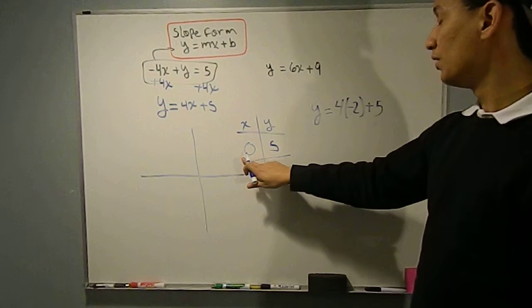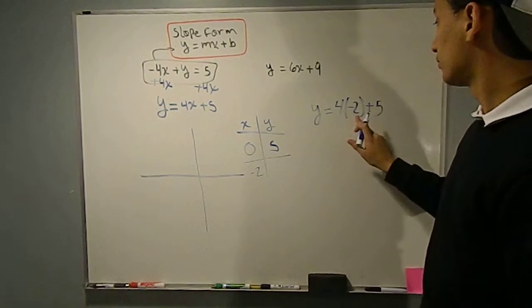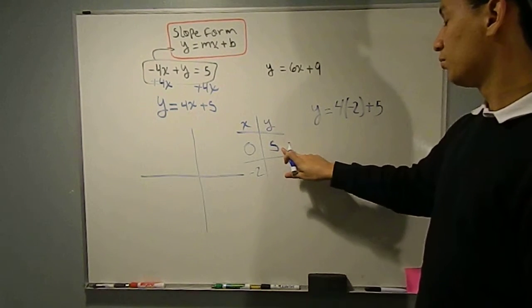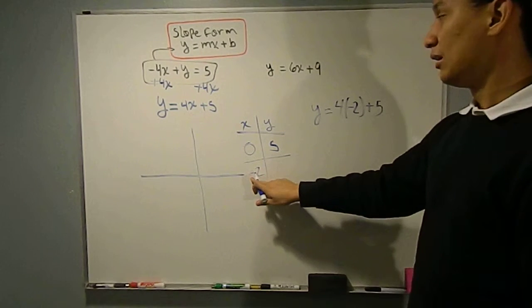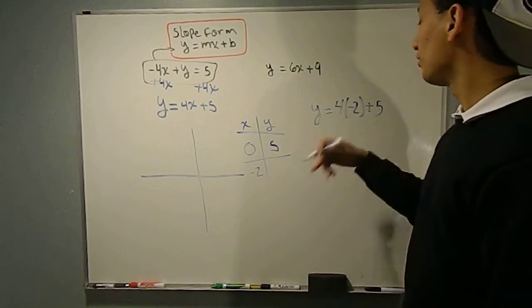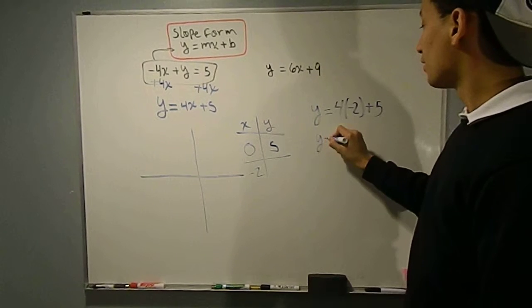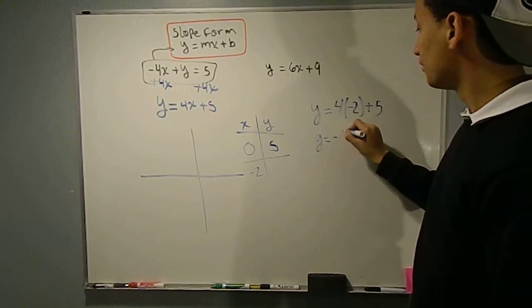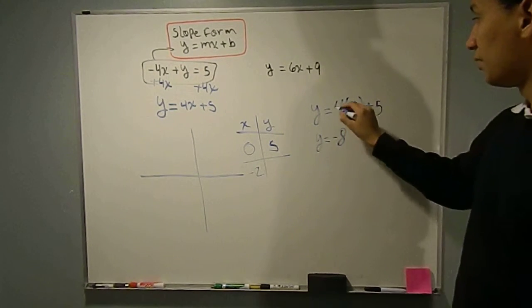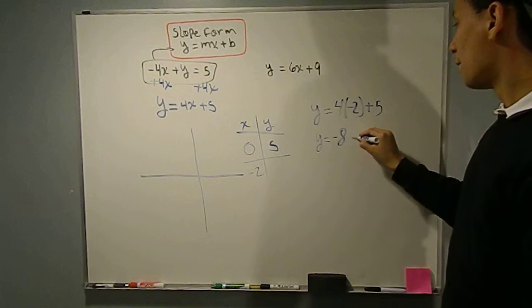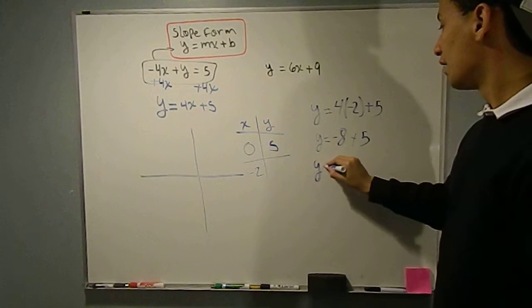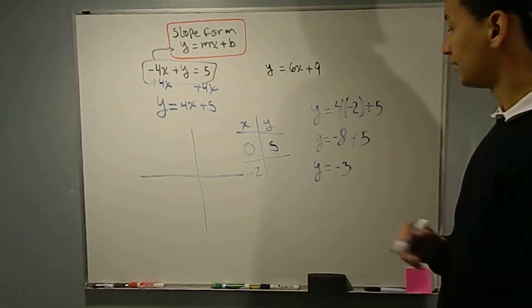I said when x is 0, y is equal to 5. But now we're looking at when x is -2, what is y? When I multiply 4 times -2, it gives you -8, because positive times negative is negative, plus 5. That gives us -3.